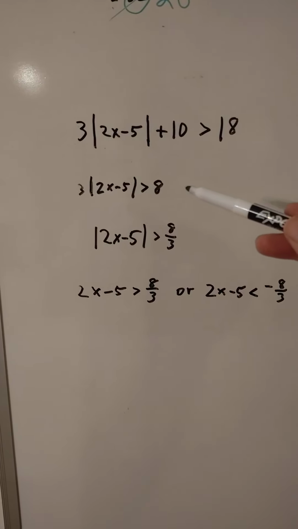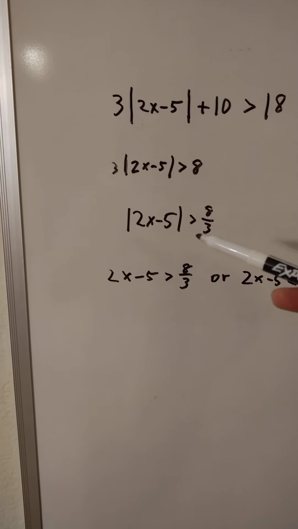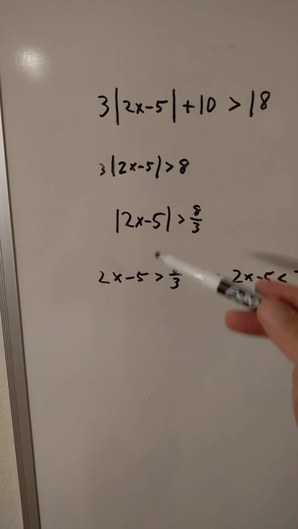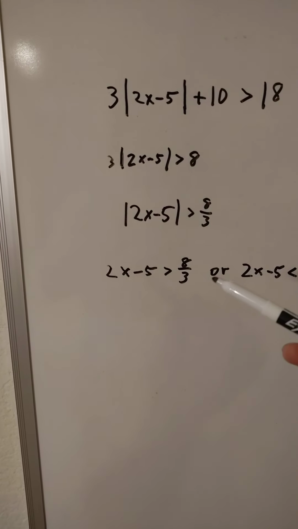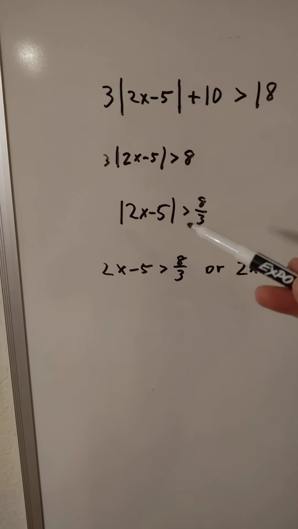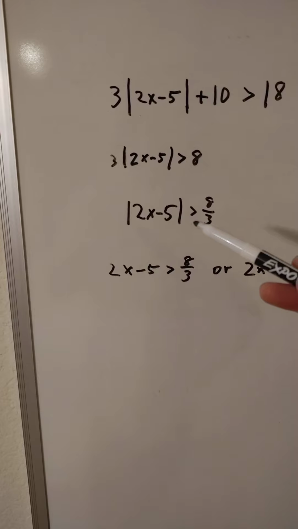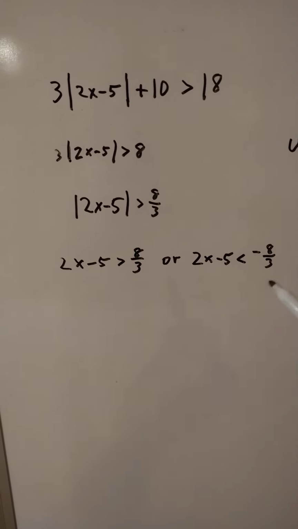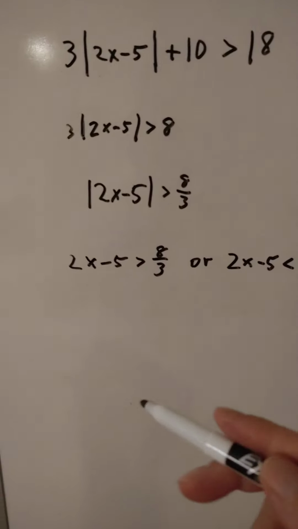And then the next step is to divide both sides by that 3. So we have this. Now we're ready to use the theorem. So all I did was write that without the bars. And then write that without the bars. Flip that inequality sign and then multiply that by -1. So we're going to get 2 different answers here. And now we'll just solve each one.